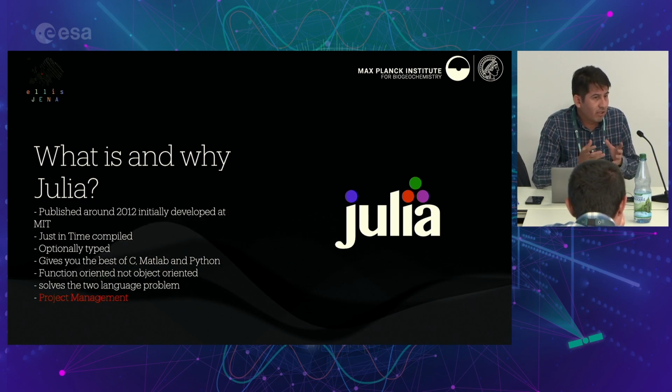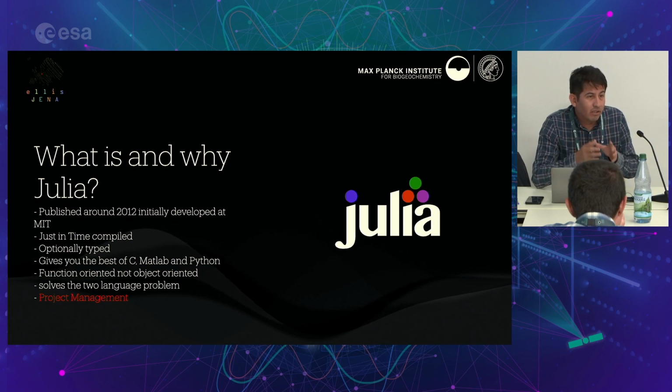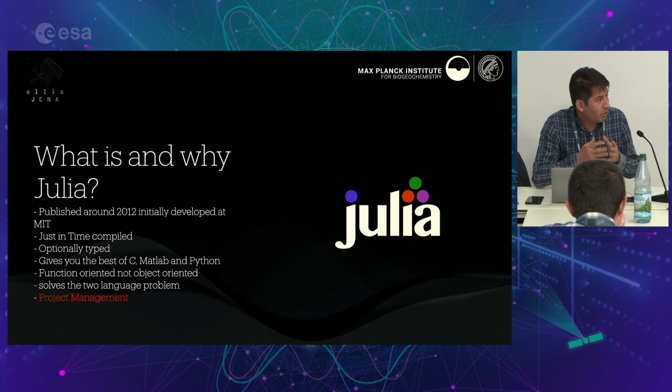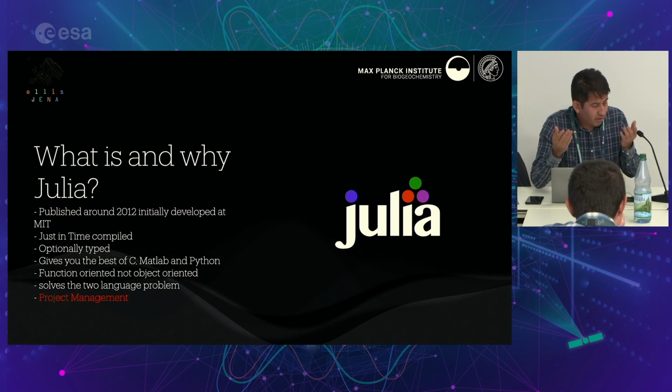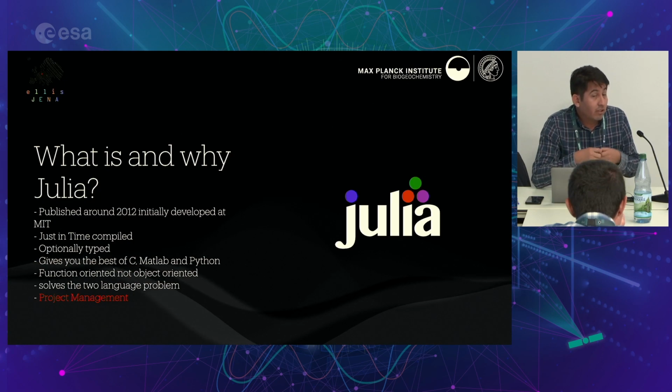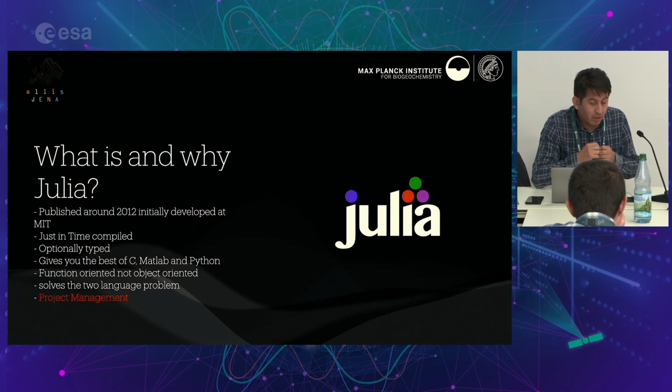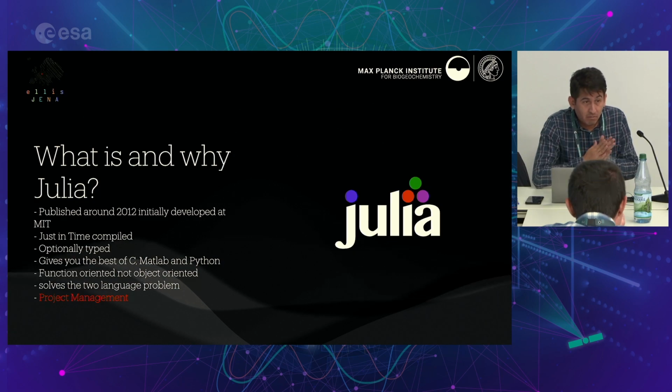So we isolate everything into project tomls, we call them project tomls. And we will teach that part here, how we do it, and what is the usual workflow that you should do when you are using Julia, okay? So this is a very important part, and we will dedicate a lot of time to do the project management correctly, or at least try to do it.